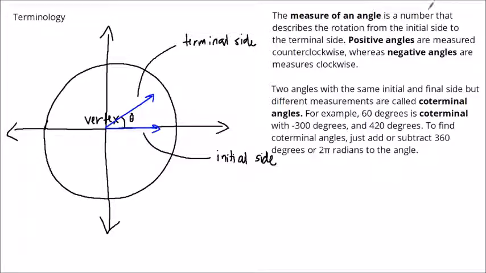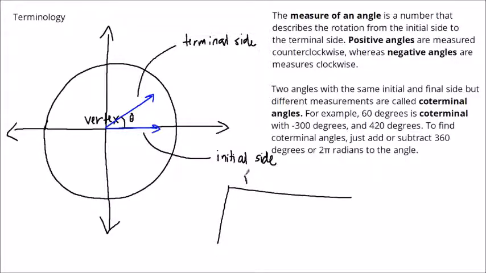The measure of an angle is the number that describes the rotation from the initial side to the terminal side. So if you have one right here, and then you have one right here, the initial side is always the side on the right of the terminal side. Even though it looks like it's on the left, it's on the right.